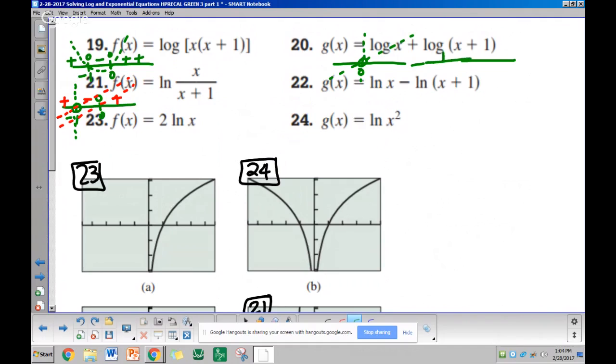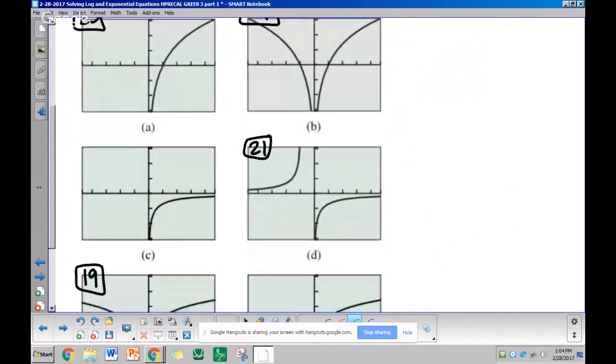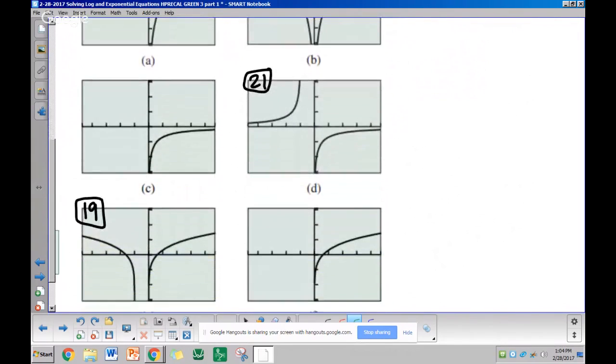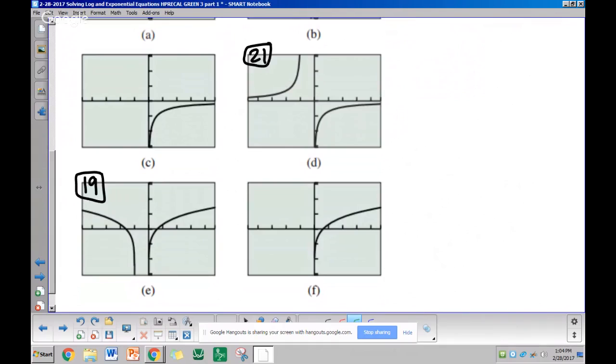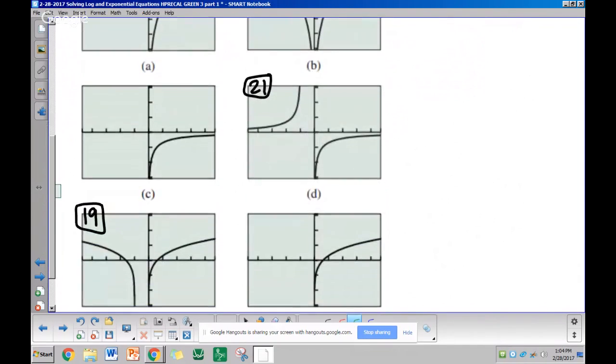So which one is the most restrictive? So this one has a domain from 0 to infinity. I'm going to go with A. You're going to go with A. Oh, we already have it. You already have C and S, sorry.